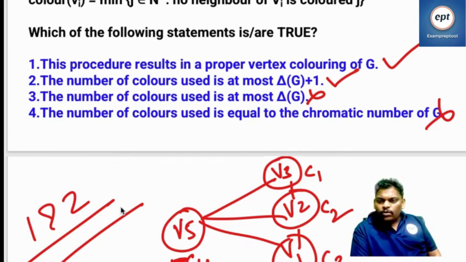Why do we want to color the graph? Because he is saying color the graph. But why do we want to color the graph? If that is the case, I will color you, not the graph. Then you ask me, why do you want to color me?